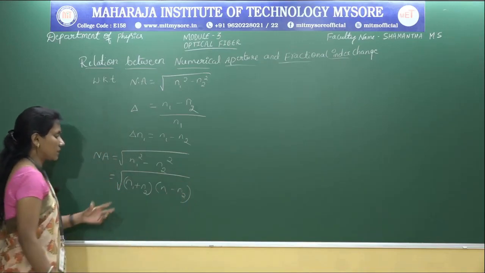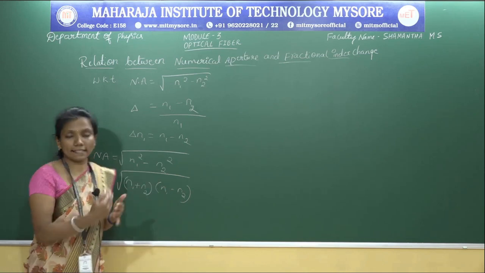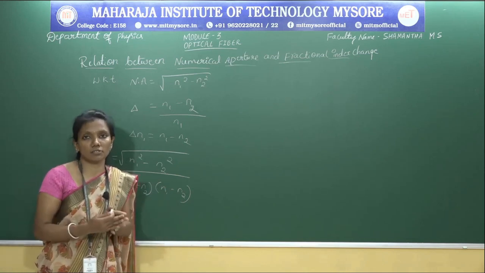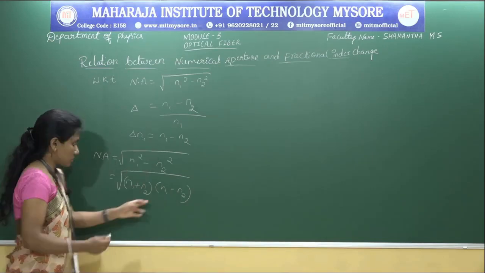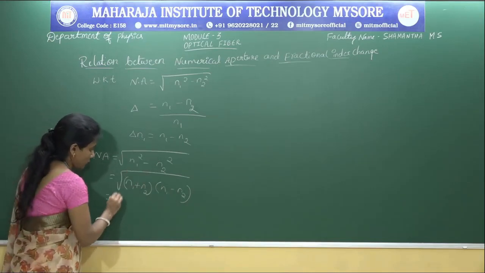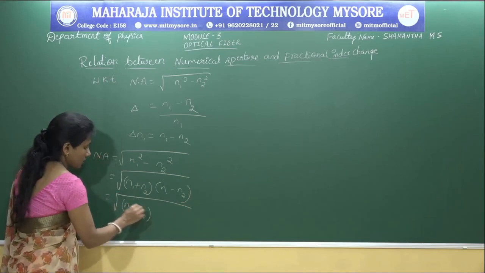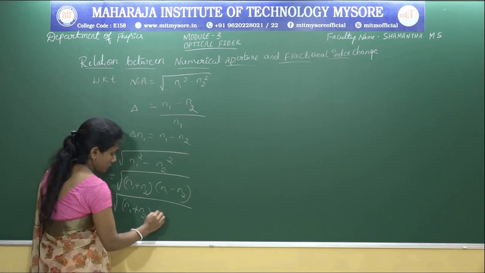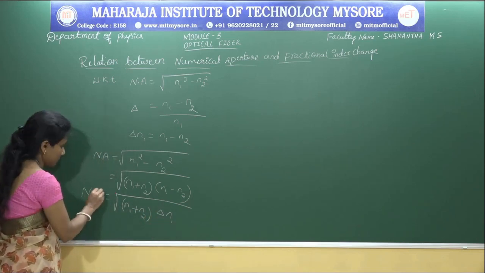But n1 minus n2 is how we can relate the numerical aperture and fractional index change. n1 minus n2 is delta n1. So just substitute that, and we get n1 plus n2 into delta n1 for the numerical aperture.